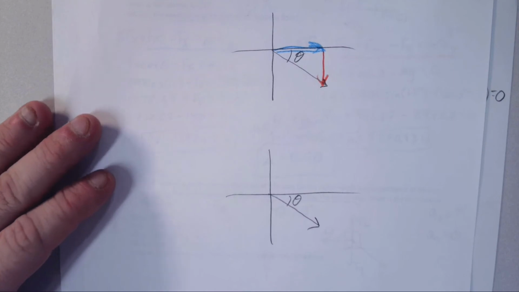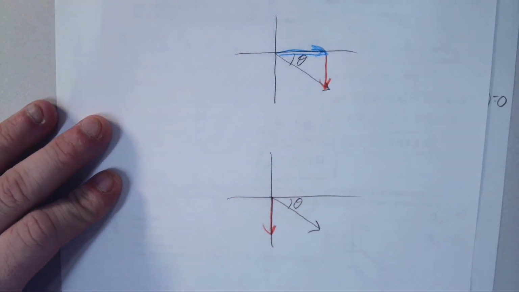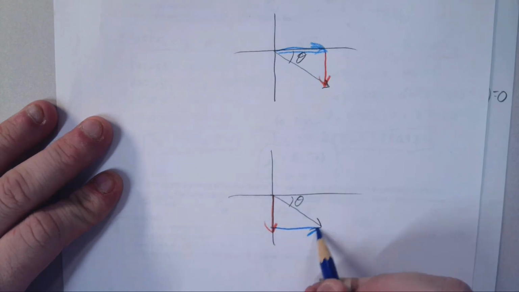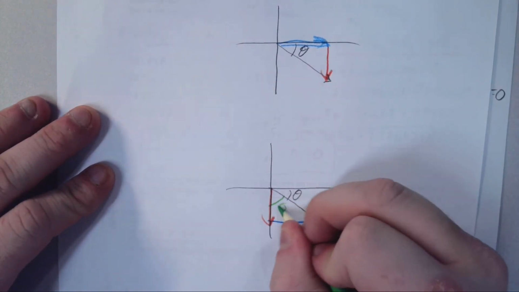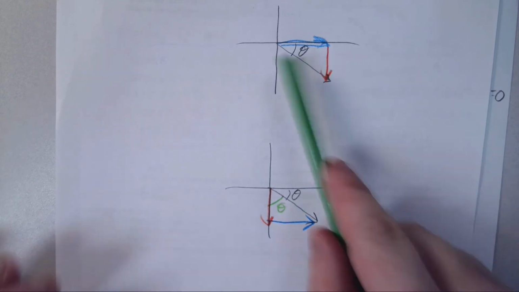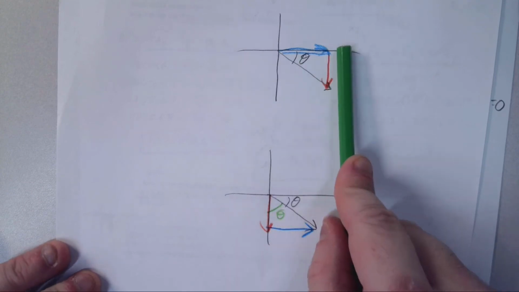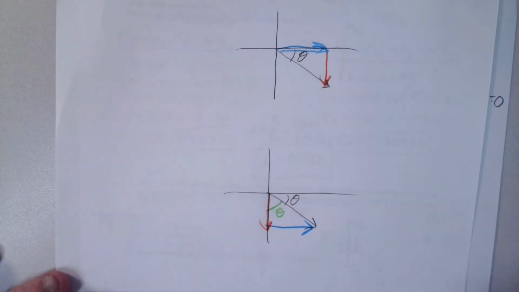If I did it over here where I did down and to the right this way, then you would have to figure out what that angle is right there. You could do that, but that would mess up a whole lot of stuff. That's a good point. Draw the triangle that makes the angle inside of that.